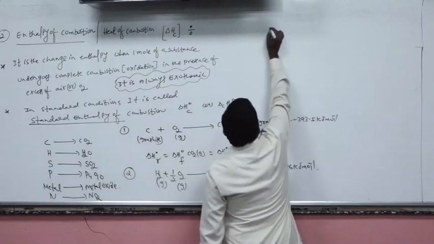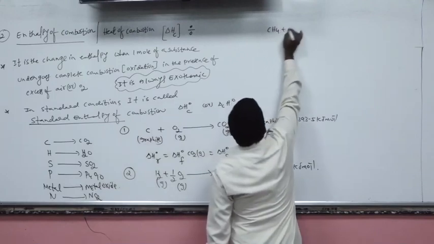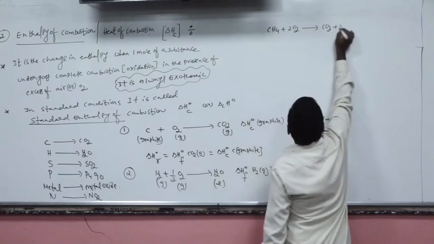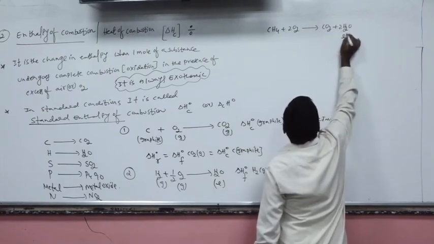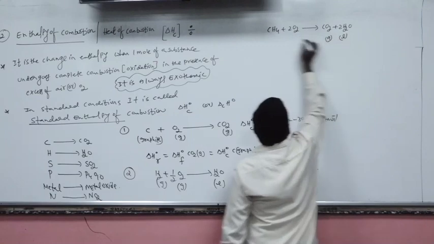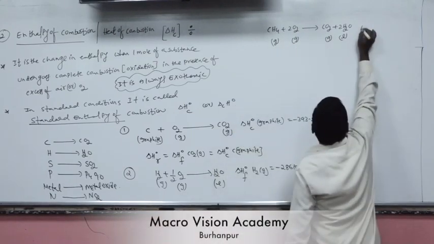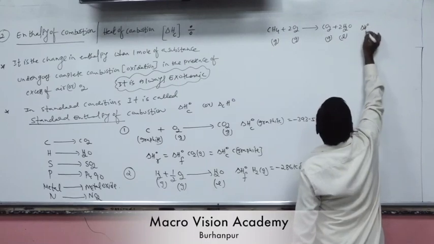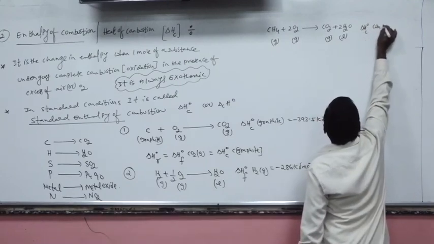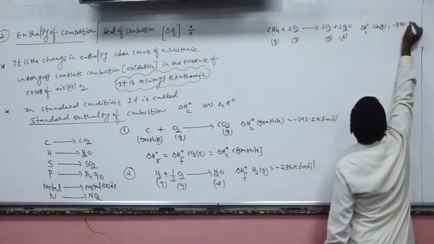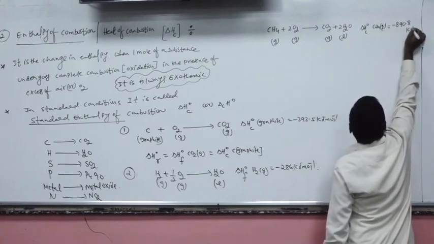Now, oxidation of methane. The standard state of water is liquid; CO2, O2, and methane are gases. Standard enthalpy of combustion of methane is minus 890.8 kilojoule per mole.